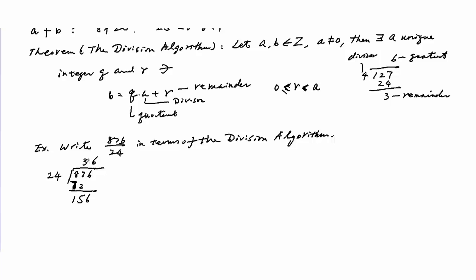So 6 times 4, you get 24. And then 6 times 2, you get 12, plus 2 from 24, you get 144. And then 156 minus 144, you get 12. So therefore, 876 can be written as the quotient 36 times the divisor 24 plus the remainder 12, okay?